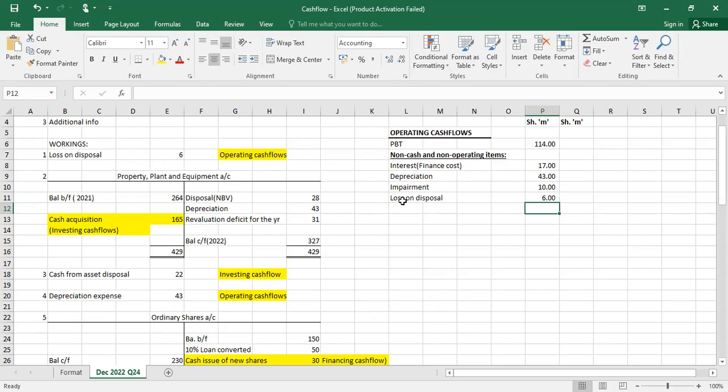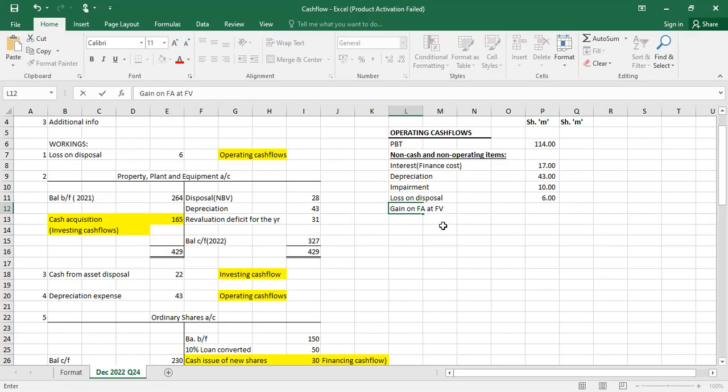Now, what other non-cash or non-operating item do we have here? When you go back to the P&L, added to the gross profit, we have two things. Another non-cash item is that gain. The gain on what? On financial assets at fair value.